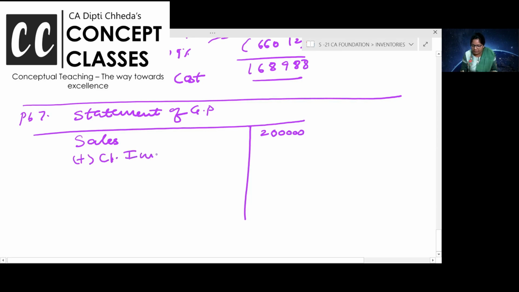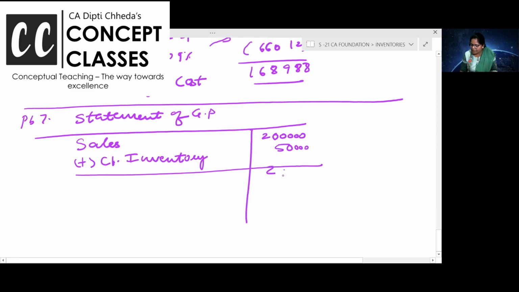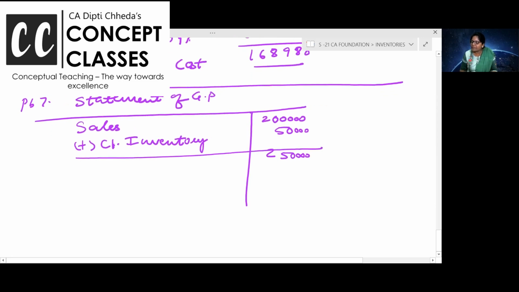Plus closing inventory, 50,000. So you are getting 2,50,000.